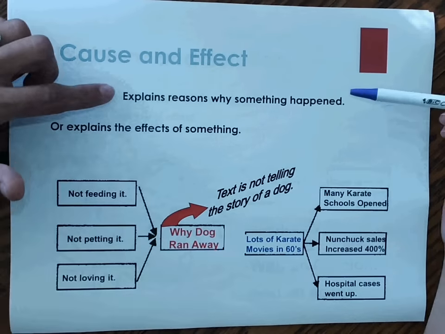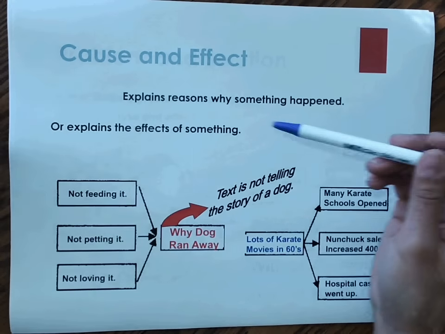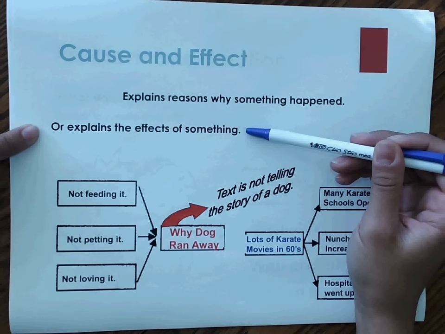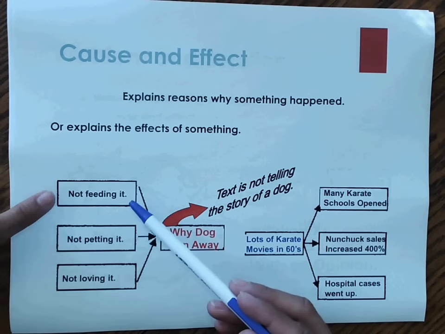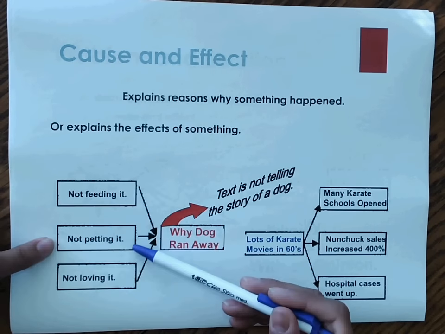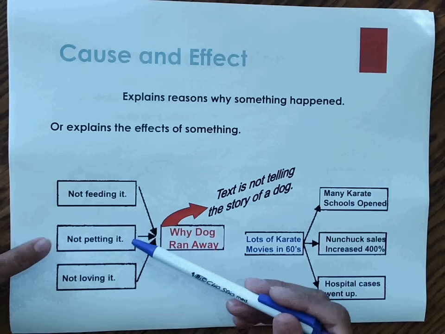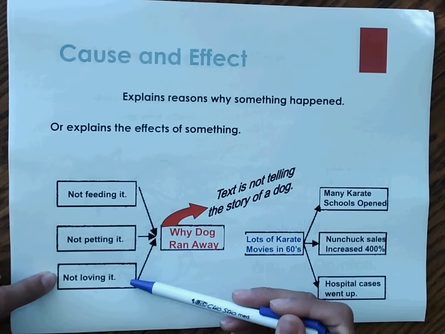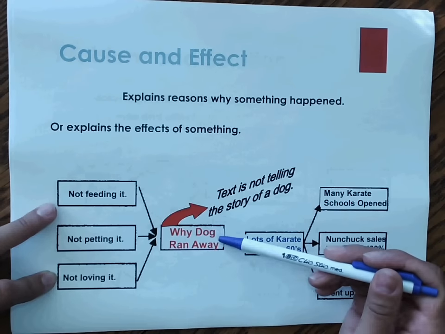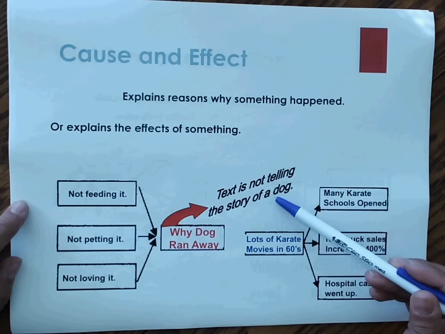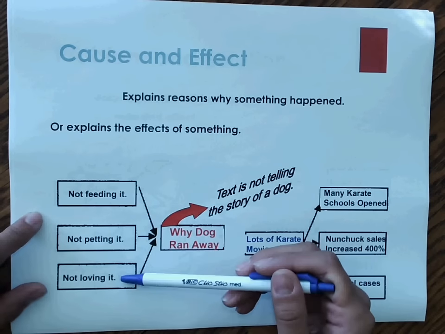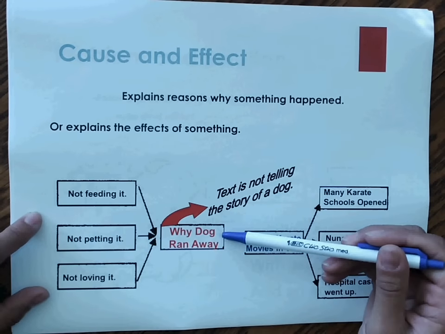Our third one is cause and effect. Cause and effect explains reasons why something happened, or it explains the effect of something. So not feeding it, not petting it, and not loving it results in why the dog ran away. The text is not telling the story of a dog, it's giving reasons why something happened.